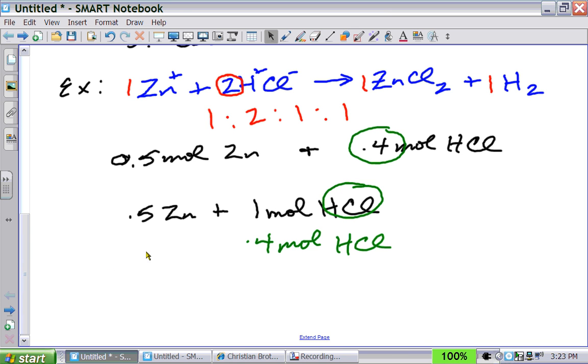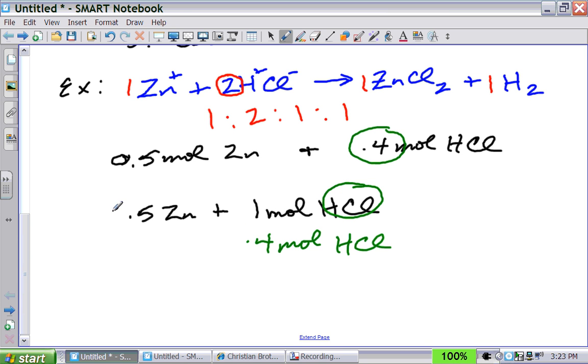Okay, so the next question is to determine what excess there is and how much excess there's going to be. So knowing first that our limiting reactant is HCl, what we have to do next is determine how much zinc is going to be used.